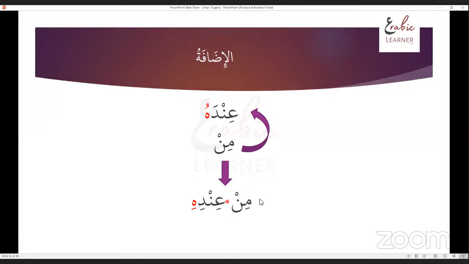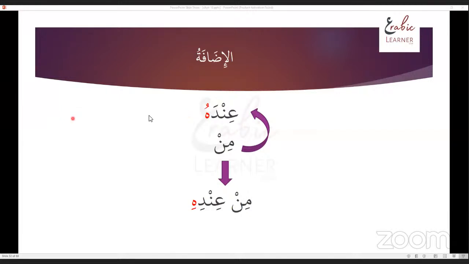Otherwise, in the natural form, zarf is mansoob. And zarf never comes as what? Who will tell me? Zarf never comes as Mubtada in Jumla Ismiyah. That is correct, Siraj. Well done. Zarf never comes as Mubtada.